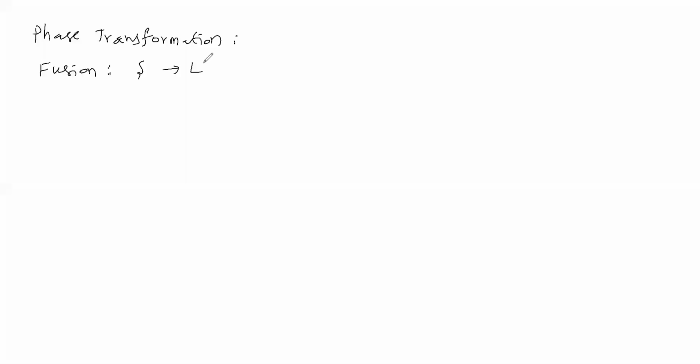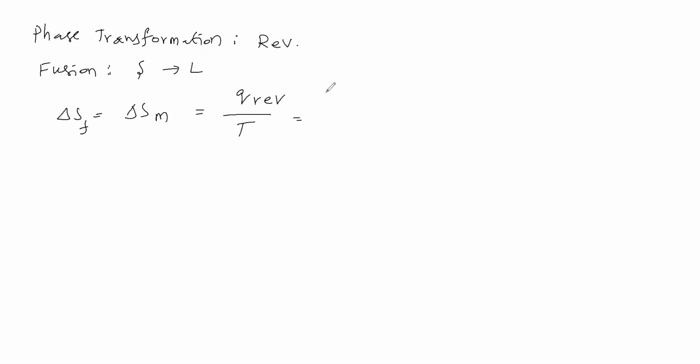This process we will take as a reversible process. For this fusion, what is the delta S? Delta S fusion or delta S melting is equal to Q reversible by T.